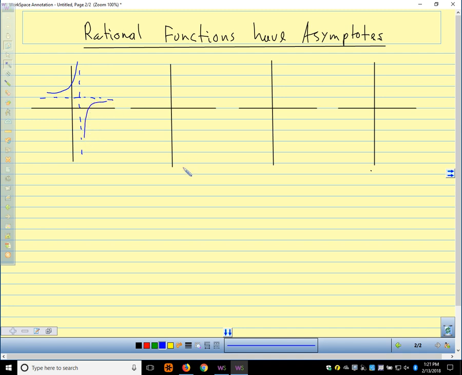Our graph could look like that. We could have a rational function that looks like this. We could have a rational function that looks like this. We could have a rational function that does something like this.